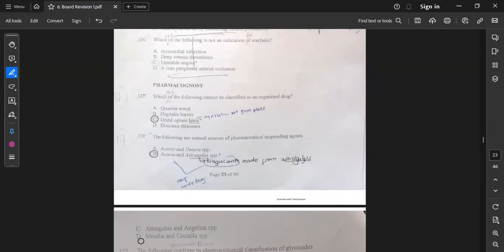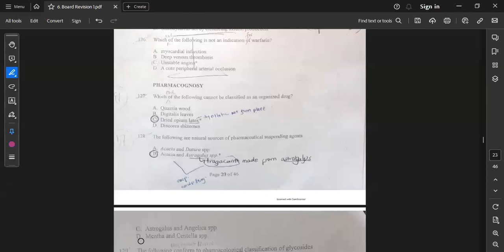The following are natural sources of pharmaceutical suspending agents: Acacia and Datura, Acacia and Astragalus, Angelica and Mentha, Centella. Suspending agents. So Centella, we said it's T. No. Datura is Datura. Acacia gum. Can a gum be a suspending agent? Is acacia gum a suspending agent? Yes.